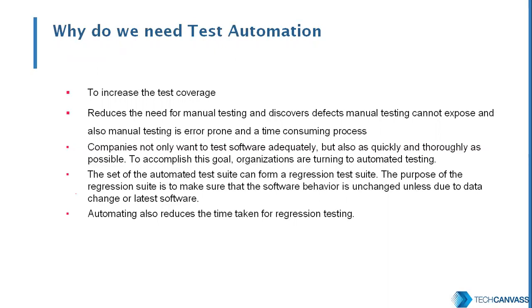Before automation, it used to be like 50 or 60% of the total coverage. Now, with the advancement in automation tools, we can achieve almost 90 to 95% automation of the existing set of test cases.